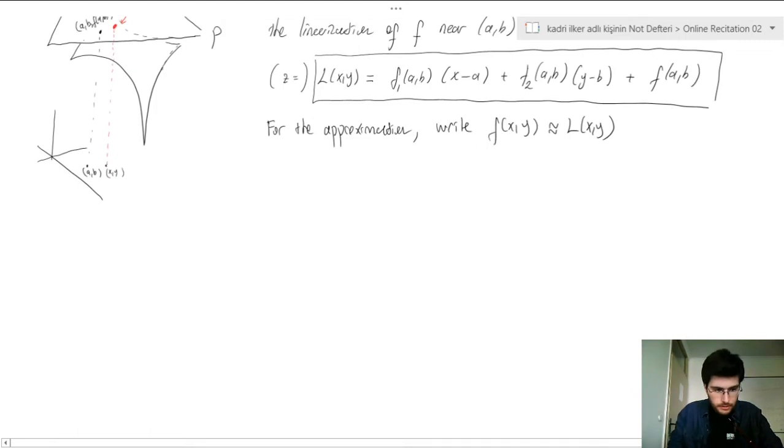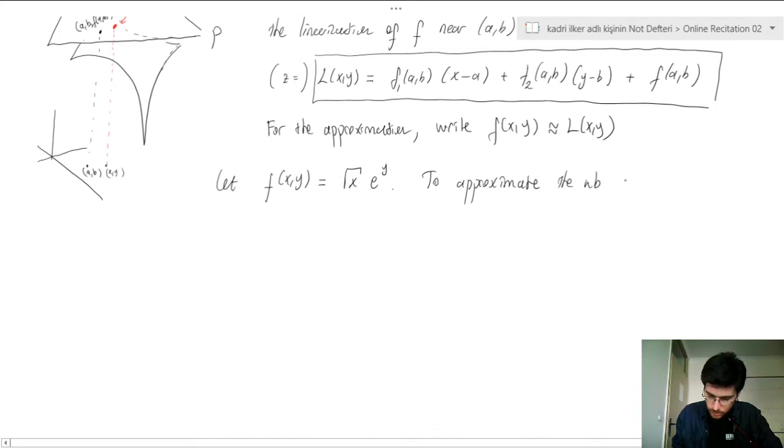Fine, so this is the idea. Now in our case, we should define some function. We define our function to be square root of x and e to the y. Very simple one. And we want to approximate the number.